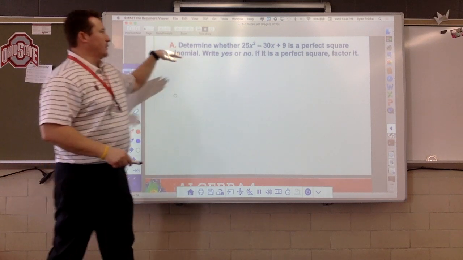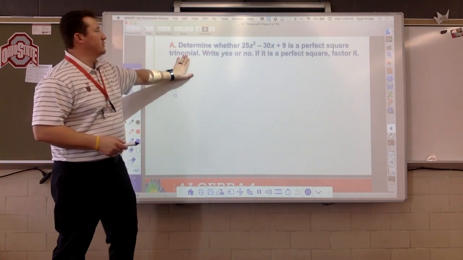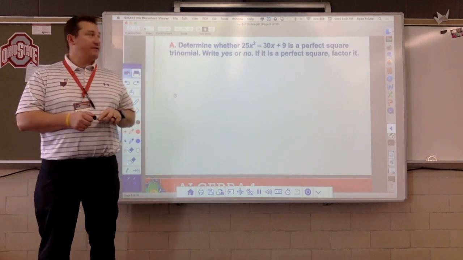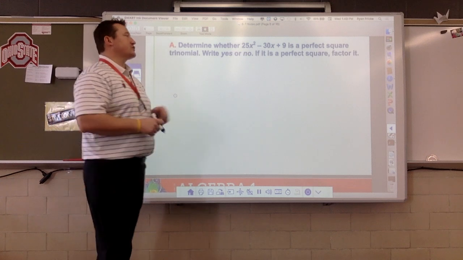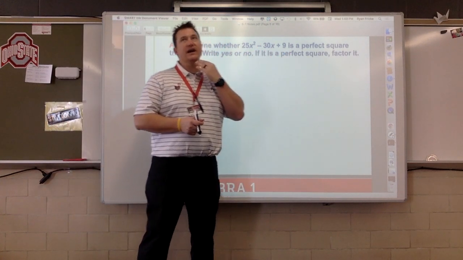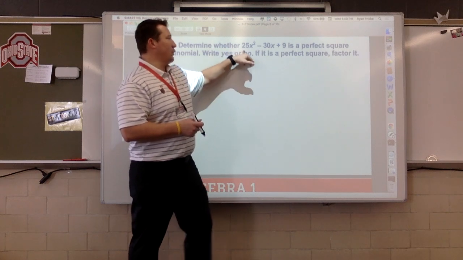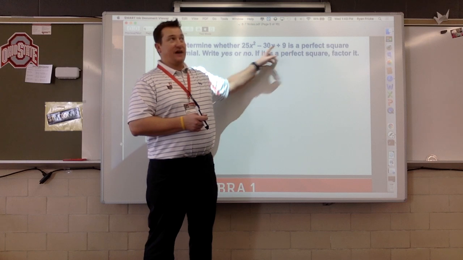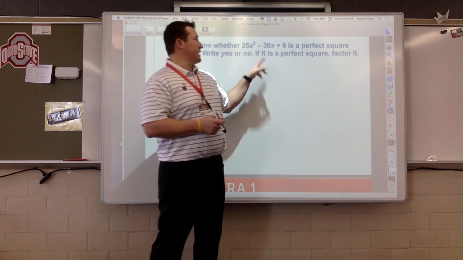Okay. Determine whether this is a perfect square trinomial, yes or no. If it's a perfect square trinomial, factor it. So a perfect square trinomial, guys, means perfect square, okay? And then if we take the square root of both of these, 5, 3, okay, what's 5 times 3? 15. What's 15 times 2?